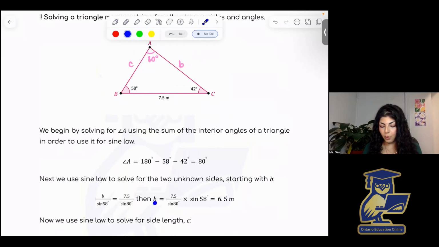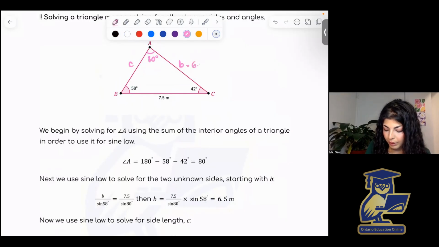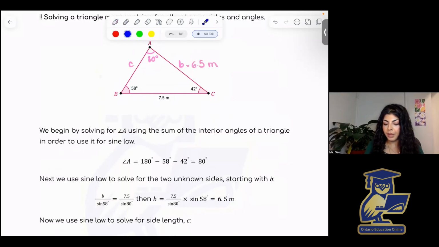So then B is going to be this ratio times sine of 58 degrees, which is 6.5 meters. So this is 6.5 meters.